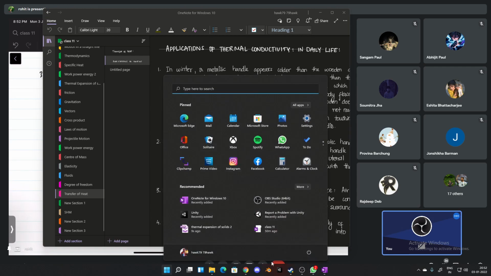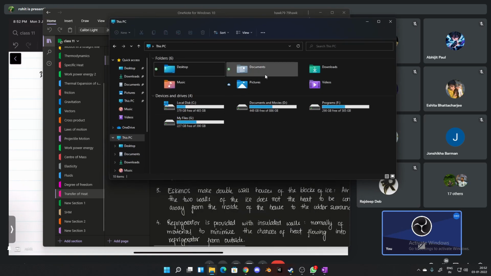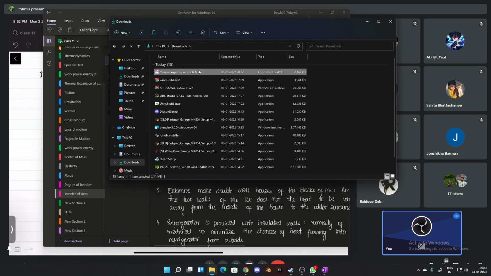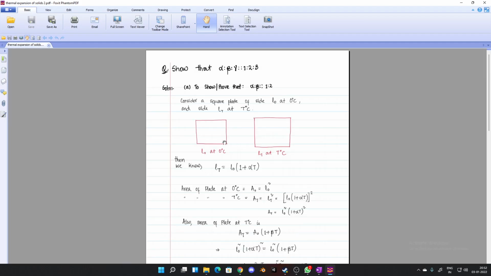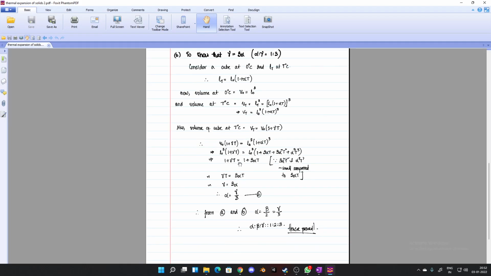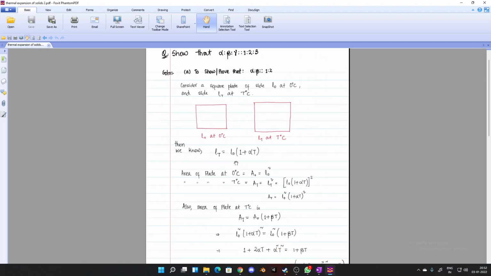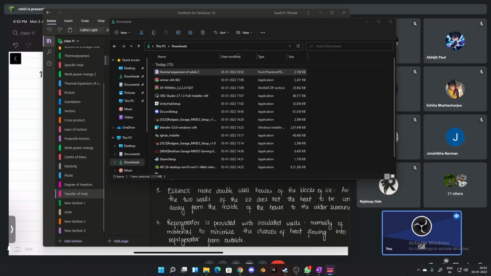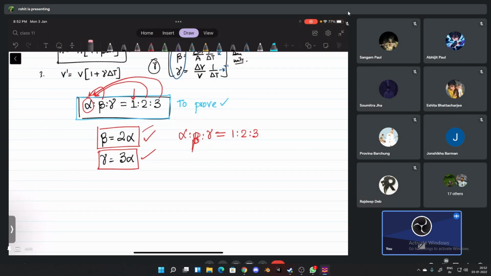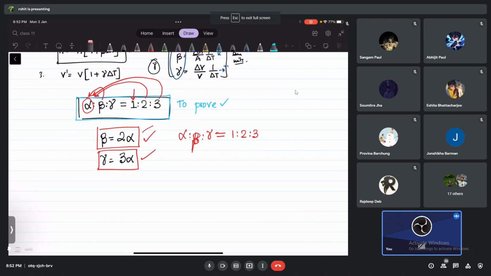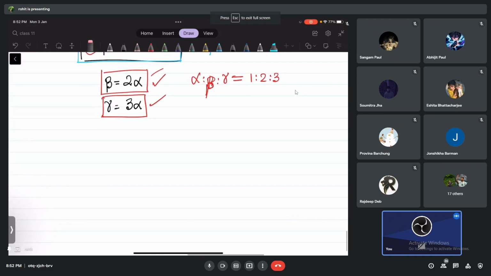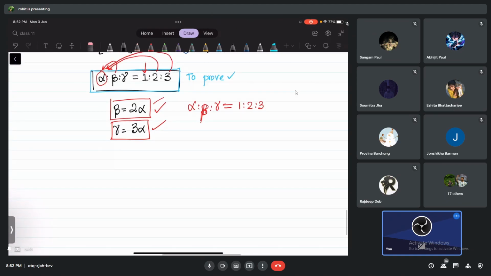Downloads. One second. I think I can use this one. Whatever I've sent, I'm just going to do from there only, so just check. So I'm going to prove it now. Very simple, so it should not be difficult.